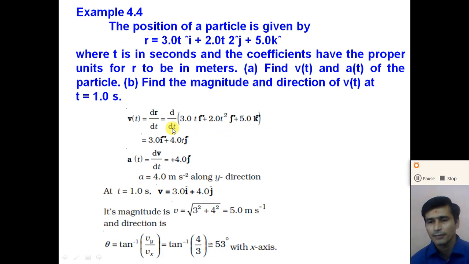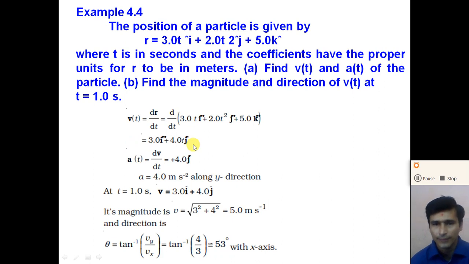For 3t i, 3 is constant, the differentiation of t is 1, so we get 3i. For 2t square, the differentiation of t square is 2t, so we get 4t j. Here 5 is a constant, and the differentiation of a constant is 0, so no need to write. So we get the velocity at time t, v(t) is equal to 3i plus 4t j, right?